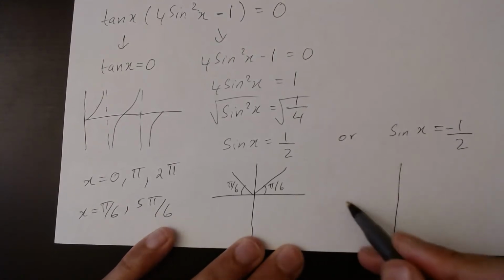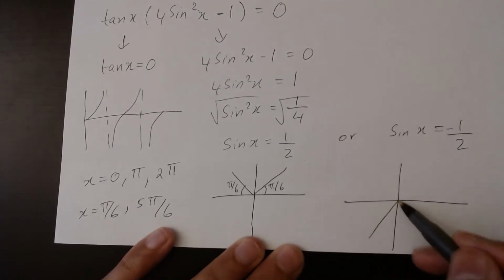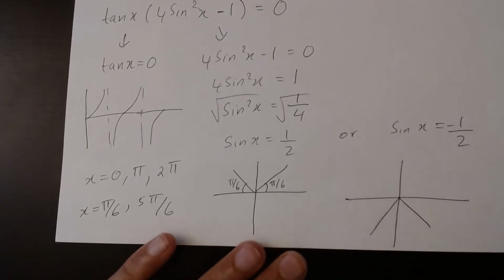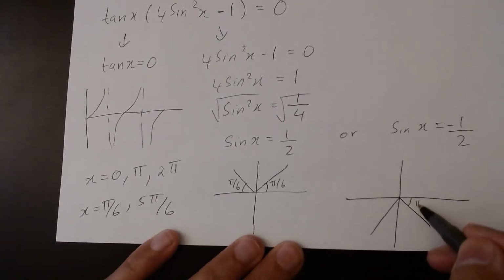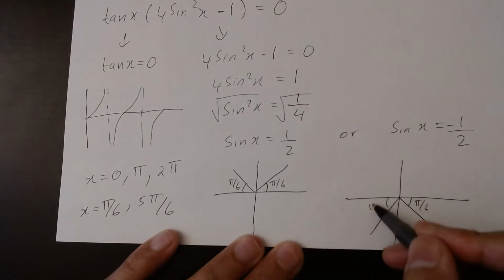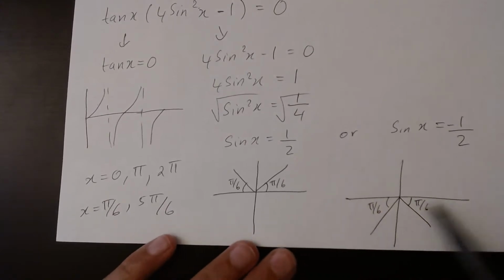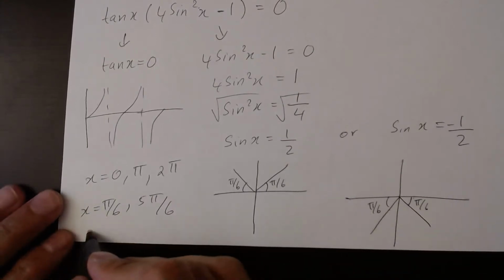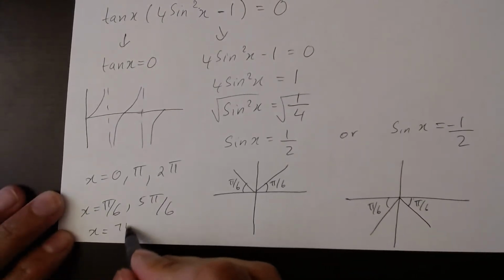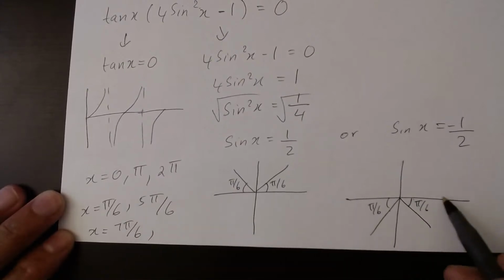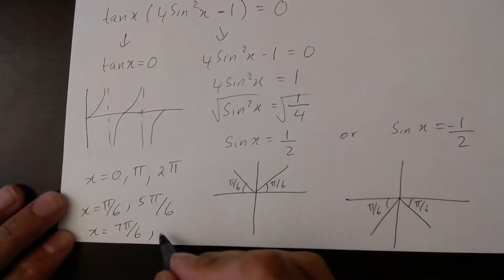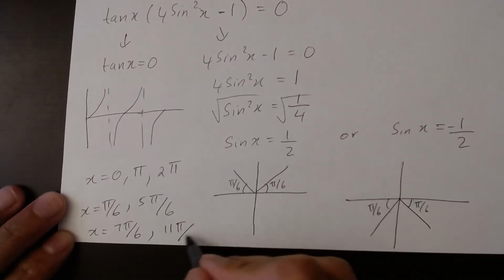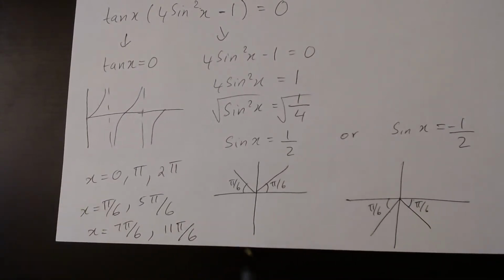I'm going to do my CAST rule here again. Sine is negative in these two quadrants. This is sine inverse of negative 1 over 2. I get the acute angle as pi over 6. So my first solution here is pi plus pi over 6, which is 7 pi over 6. The next one is 2 pi minus pi over 6, which is 11 pi over 6. In this case, I have 1, 2, 3, 4, 5, 6, 7 solutions.